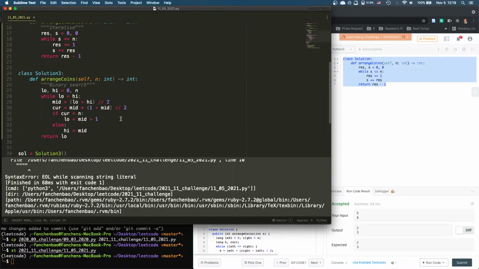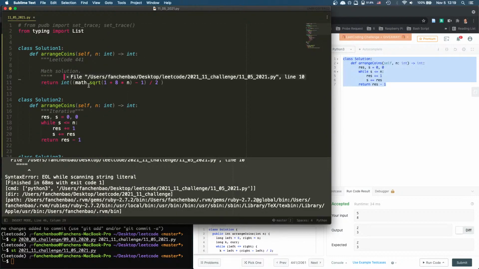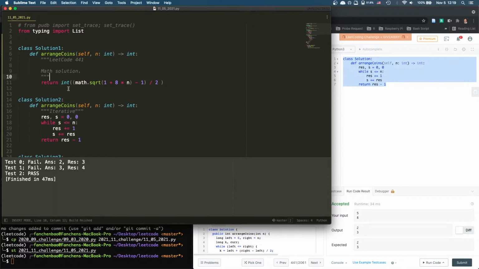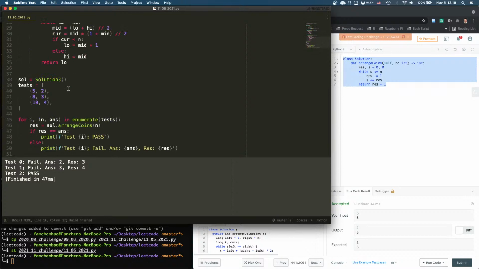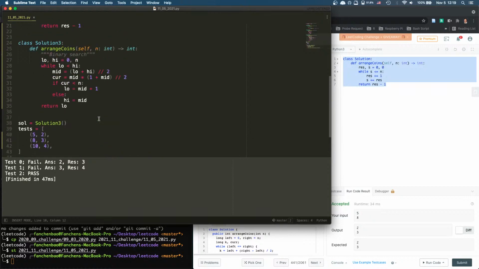What the hell? EOL while scanning string literal. Oh, we have 4. Nope. It's too big. 1 too big. That's interesting.